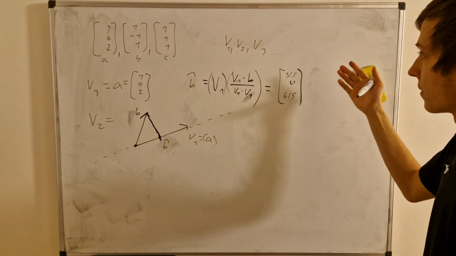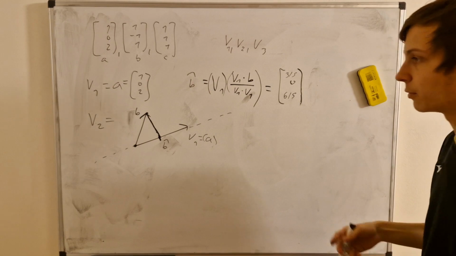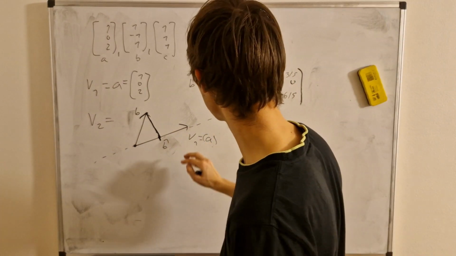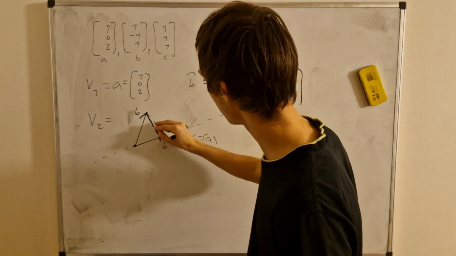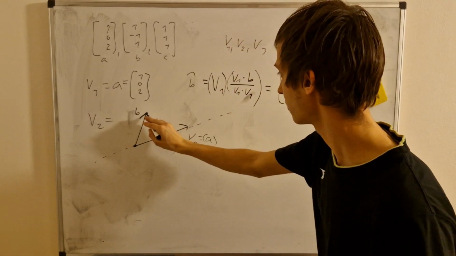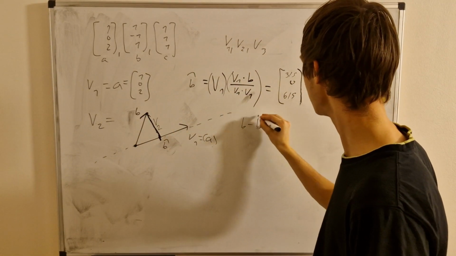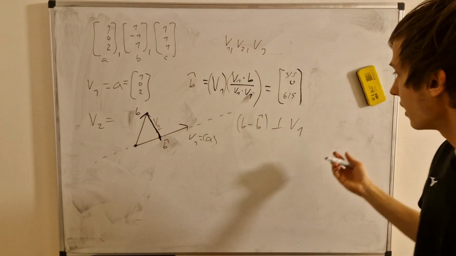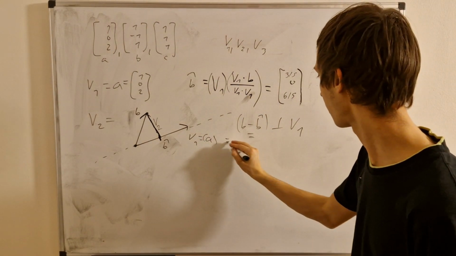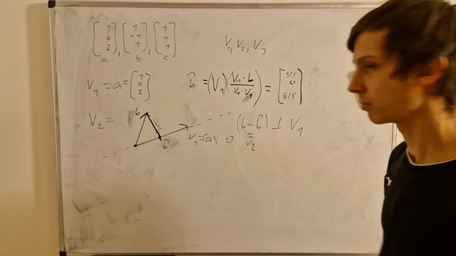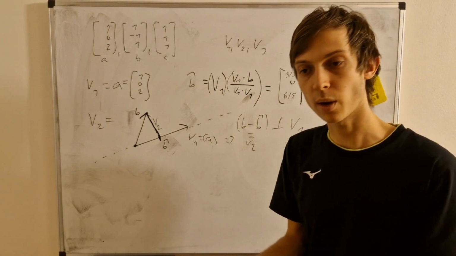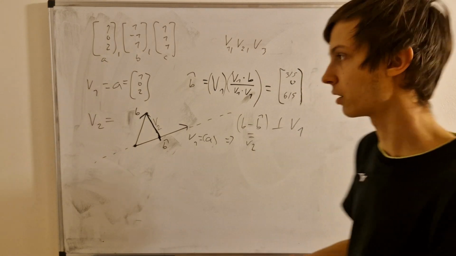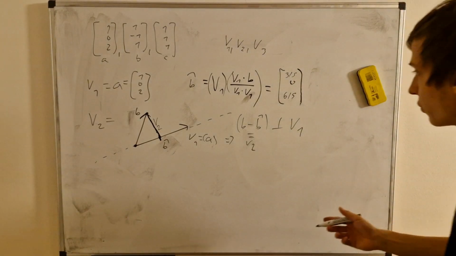We got B hat, and V2 will be something that is perpendicular to V1, and something that is perpendicular to V1 is this. So this thing will be V2, the B minus B hat. This will be perpendicular to V1, and therefore it will equal V2, because it's perpendicular to V1. And we want this new V2 that we generated to be perpendicular. That's how we made it. So what will it be?